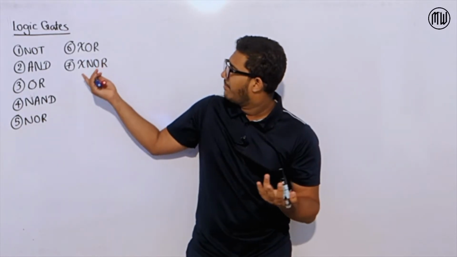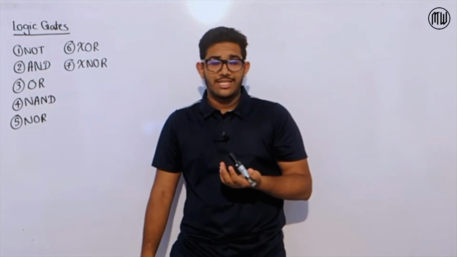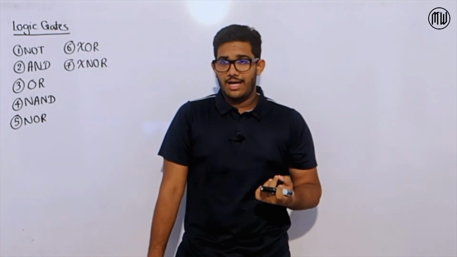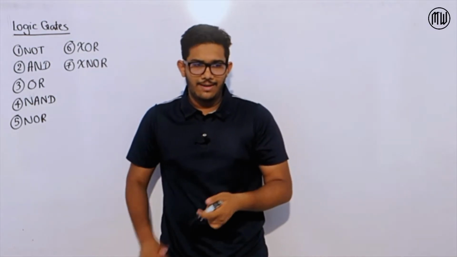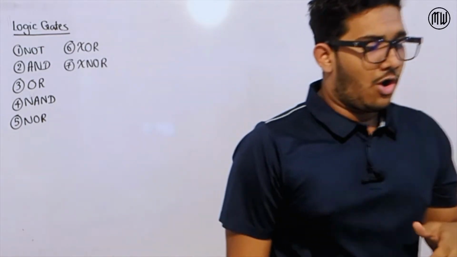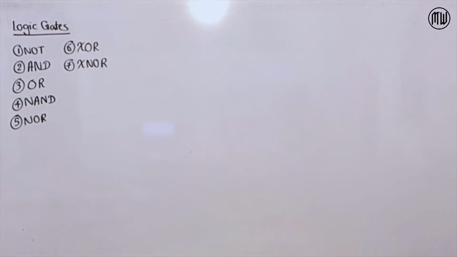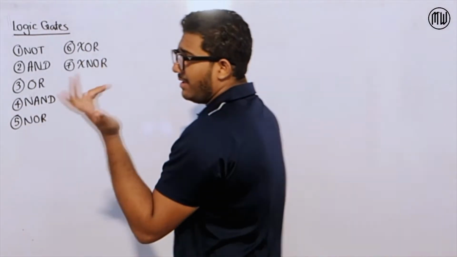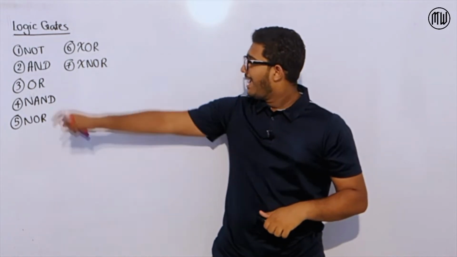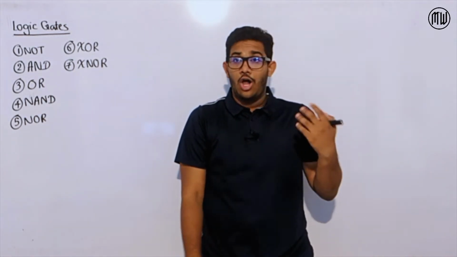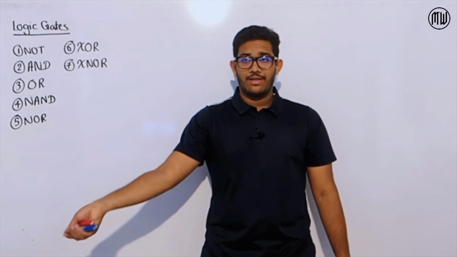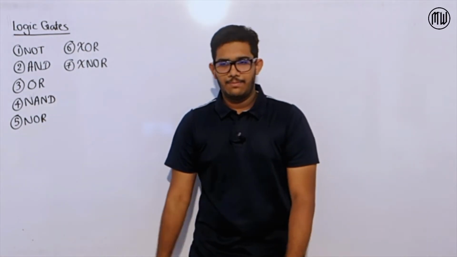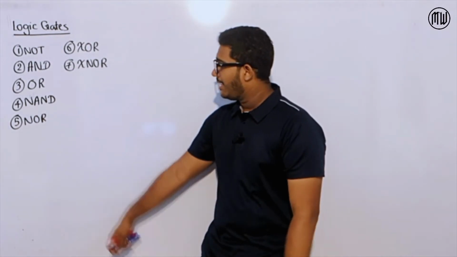For example, for an XOR gate, each time we get an odd number of ones as the input, the output will be 1, and XNOR will be the opposite. The AND gate says that if all inputs are turned on, the output will be turned on as well. The OR gate says that if even one of the inputs is turned on, the output will be turned on as well, and so on.